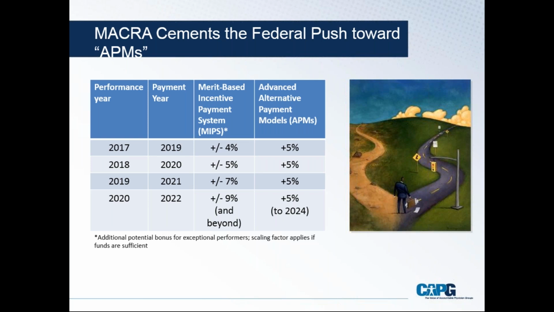If you participate in a qualifying advanced alternative payment model, you're eligible for a 5% bonus for all of your Part B. There are, I would say, fairly tight requirements around what qualifies as an advanced alternative payment model. Not all alternative payment models are advanced, but if you can get yourself into that bucket of advanced, then you qualify for that 5% bonus.